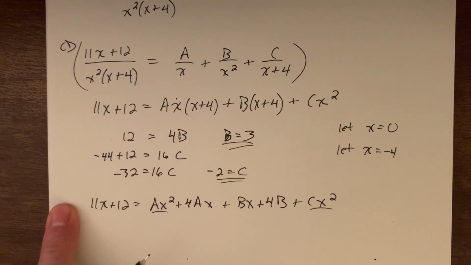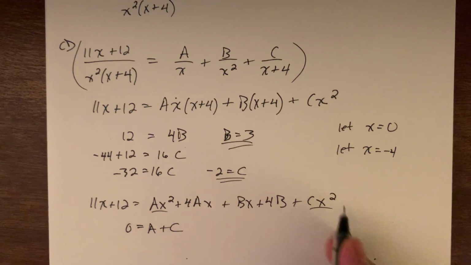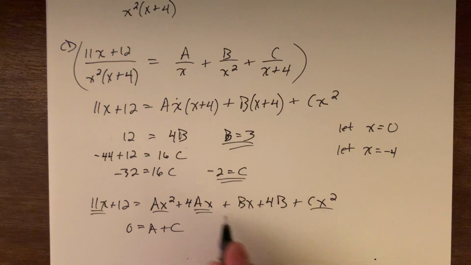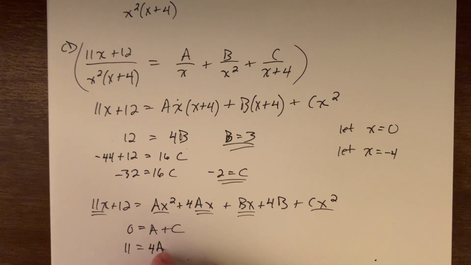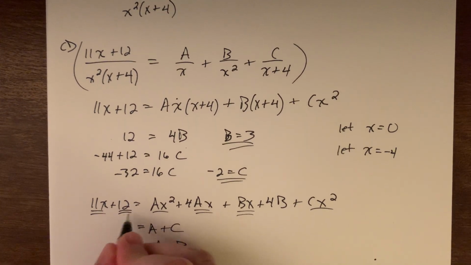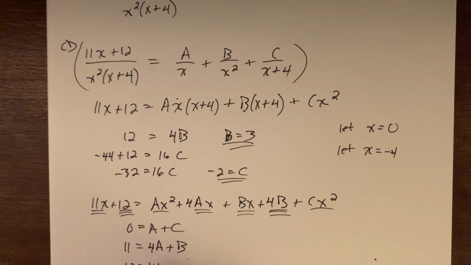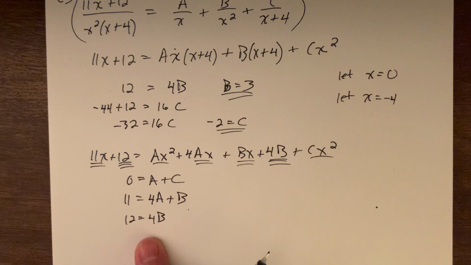You could write 0x squared if you prefer, or just use that result to get the first equation. The x terms, 11, would come from the combination of 4a plus b. And that last equation is pretty friendly.